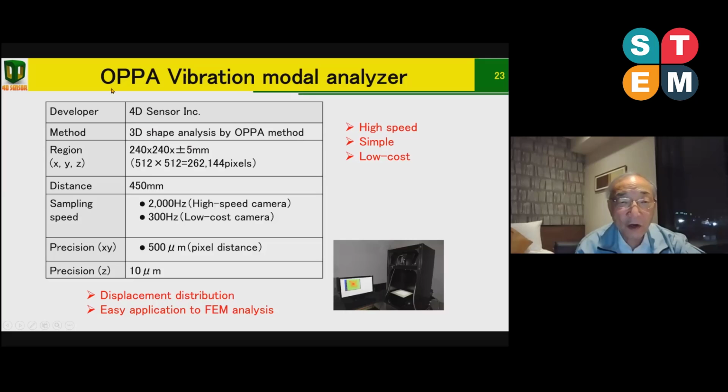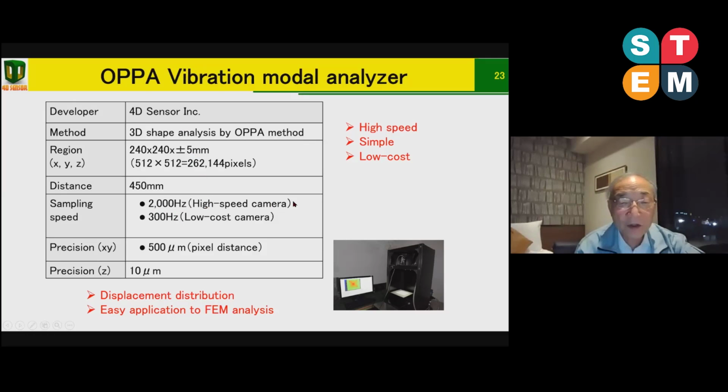This is a specification of our OPPA vibration modal analyzer. The area size is 240 millimeters by 240 millimeters. The dynamic range is plus or minus 5 millimeters, 10 millimeters.